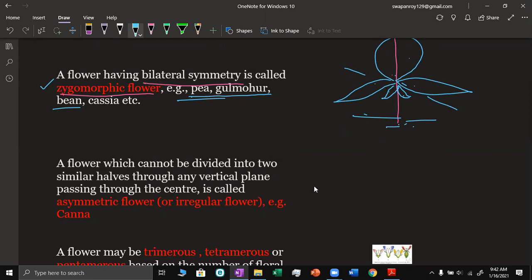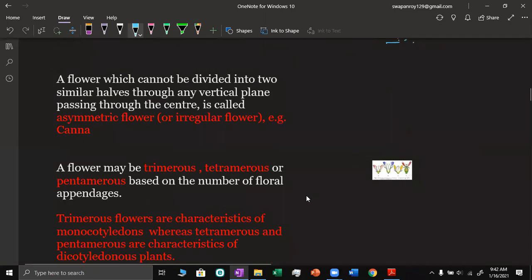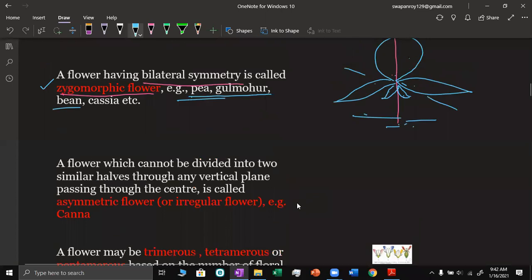Some of the flowers cannot be divided into two equal halves through any plane. Their petals, sepals, androecium, and gynoecium are arranged, and shape and size are so different that you cannot get two identical halves through any plane.